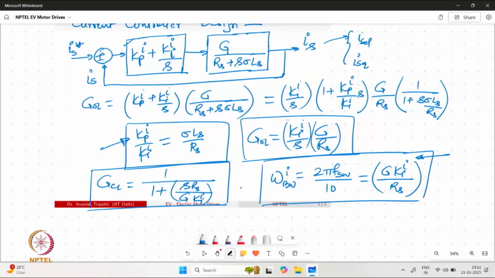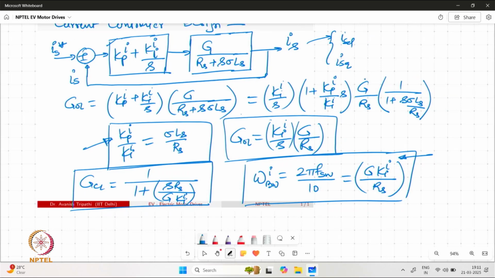Now, just to clarify, the gain over here, capital G, stands for Vdc by 2 in case we are talking about sine triangle PWM. So that's the inverter gain considered over here.